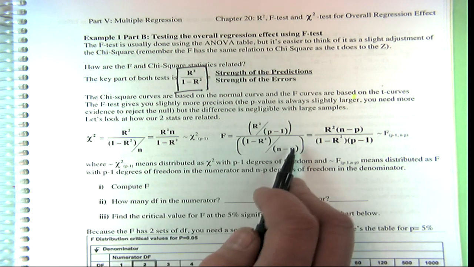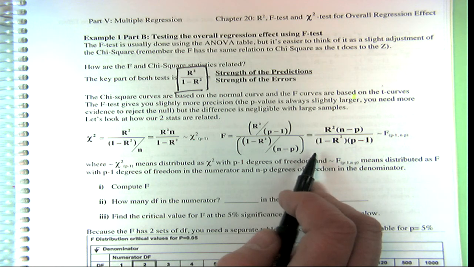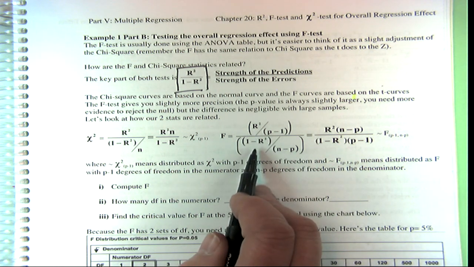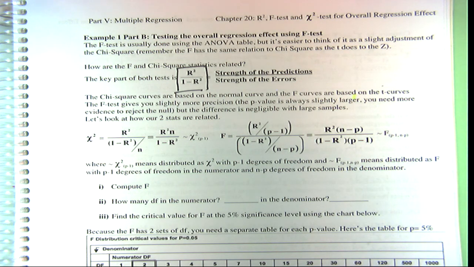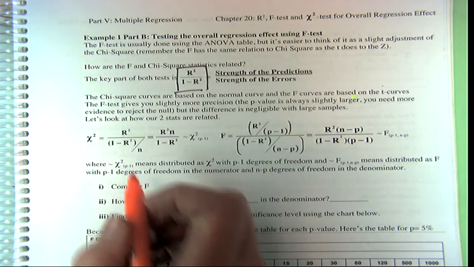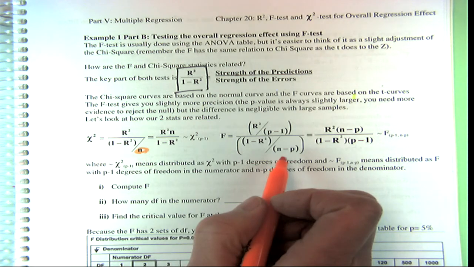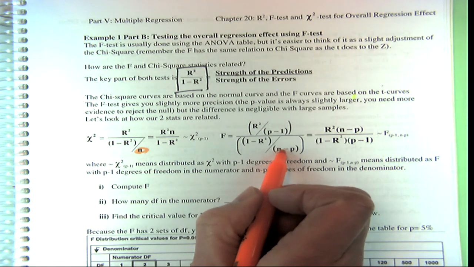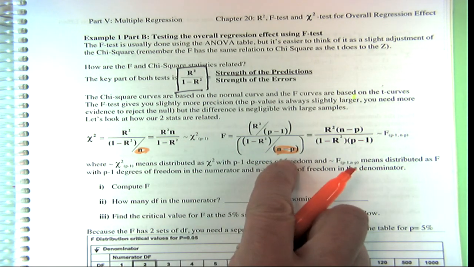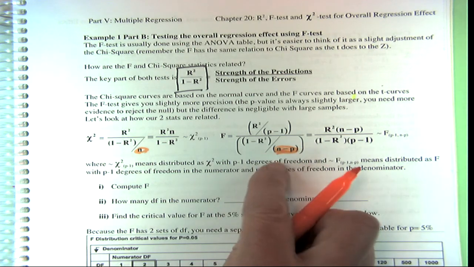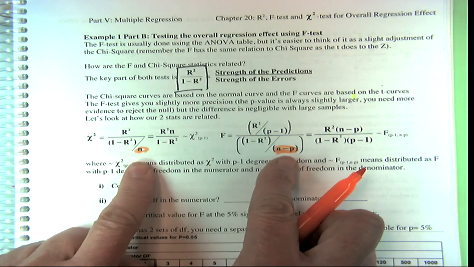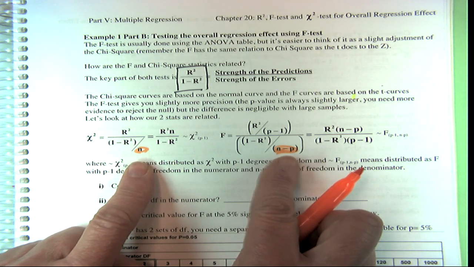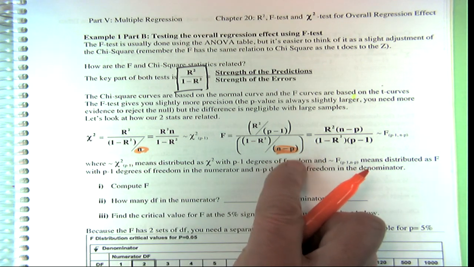Now let's look at the F curve. Okay, you see it has r squared over 1 minus r squared. Now instead of dividing by this n, so here's your n, instead of dividing by the n, you subtract off the number of parameters. It's the same thing you did with the t and the z. There's just one parameter, and you say n minus 1.